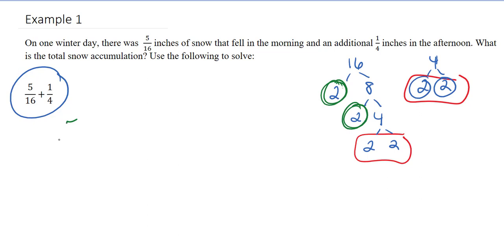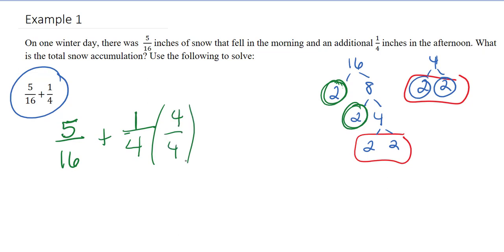So let's go ahead and do 5/16. We're going to leave that as is, and we have 1/4. And then we're going to multiply the top and the bottom by 4, because we multiply the top and the bottom, which doesn't change the value, but we're going to get it to have the same denominator, so then we can go ahead and add.